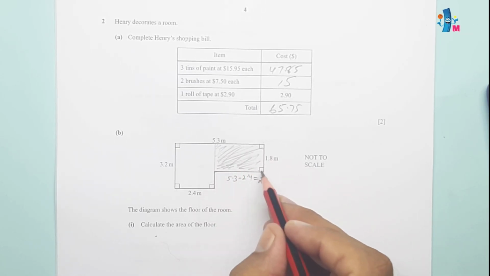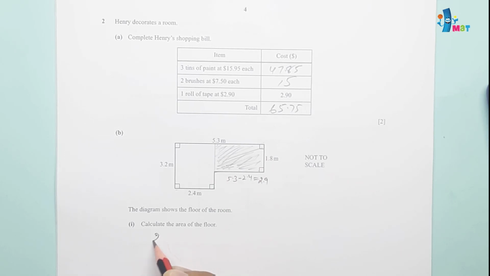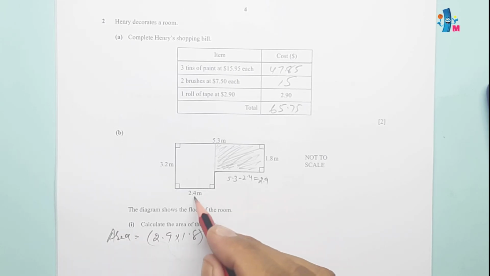So 2.9 multiplied by 1.8. This will be shaded, and the unshaded one we will add. We can write area is equal to this 2.4 multiplied by 3.2.